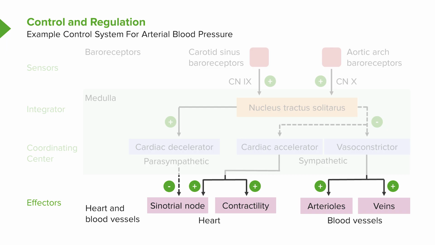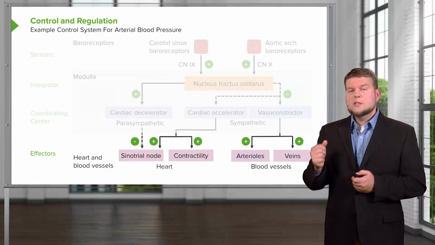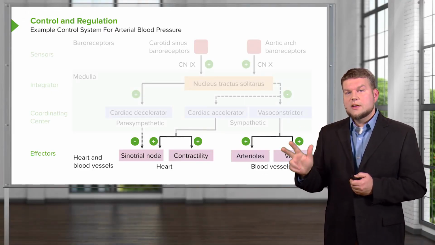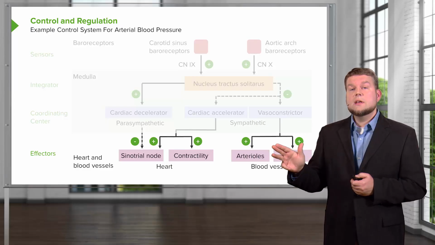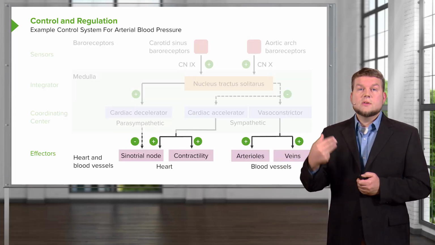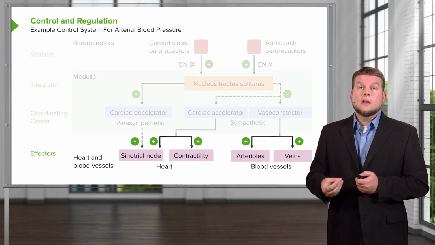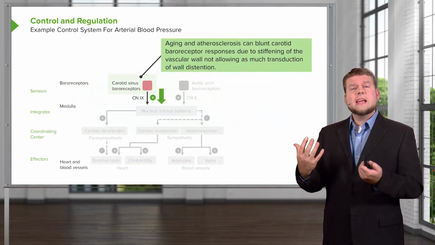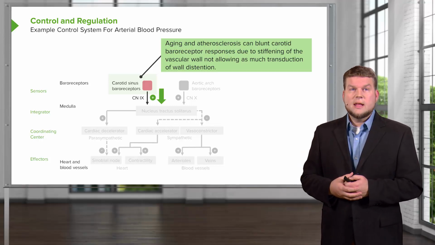So what does this mean, all these different aspects? It means we're going to get an increase in heart rate, an increase in contractility, an increase in vasoconstriction, an increase in venoconstriction in response to the signal that was sent to us from the carotid sinuses. And that was a decrease in blood pressure.